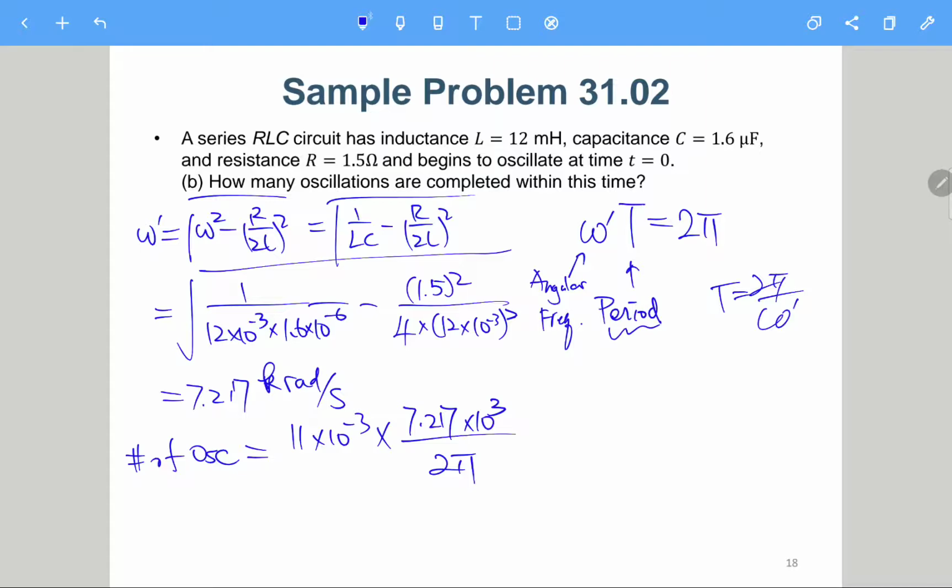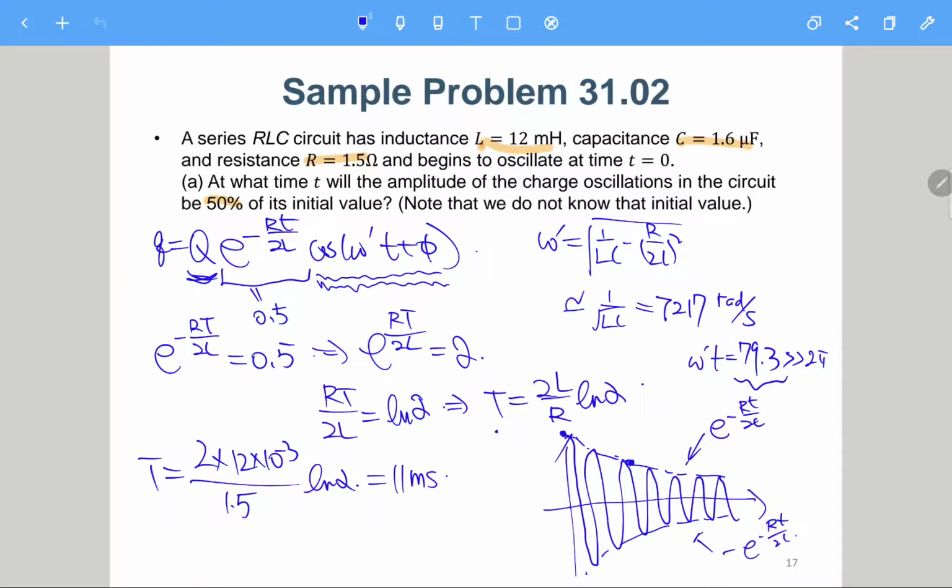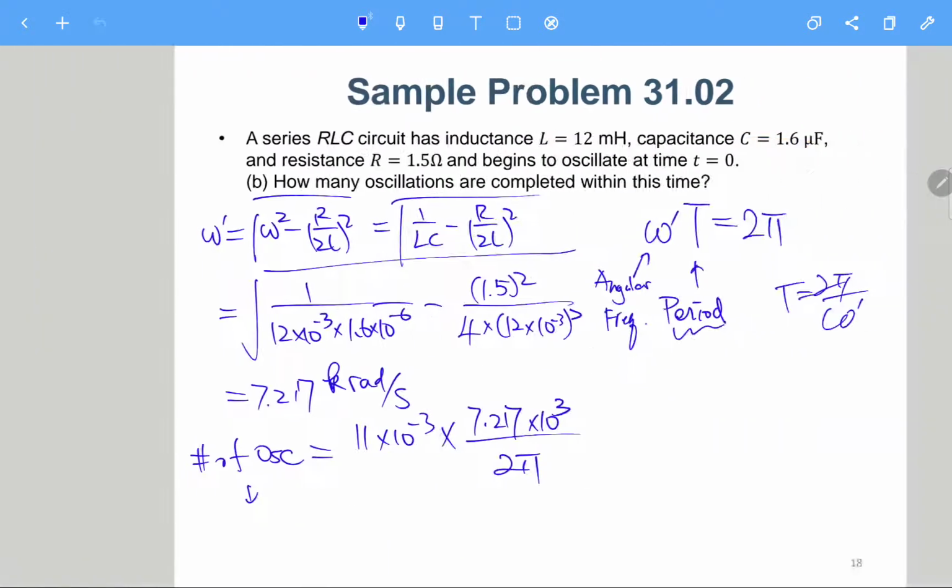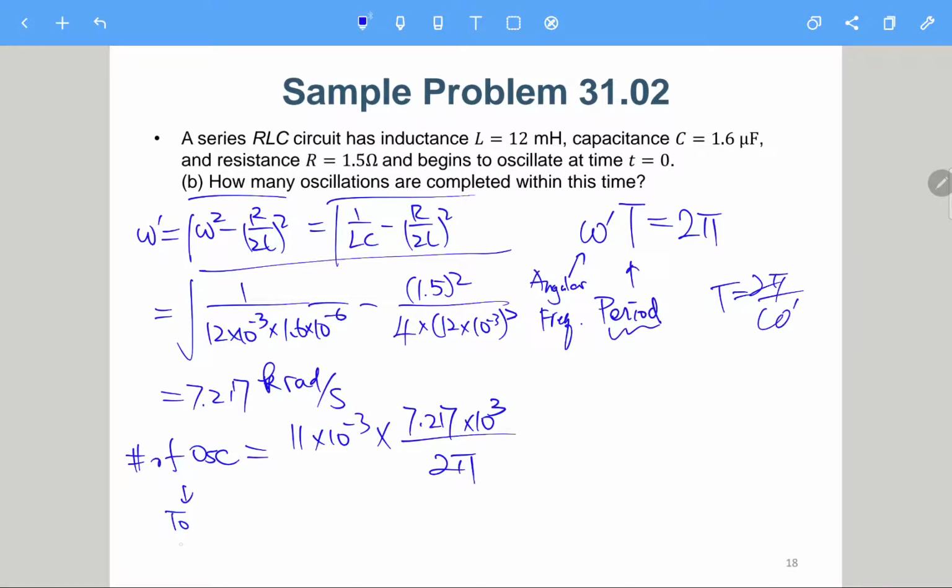So actually the number of oscillations is like the time. Maybe I should use t0 here. Actually this is nothing but t0 over T, which will be t0 times omega prime over 2 pi. So this one will be 12.6 times.